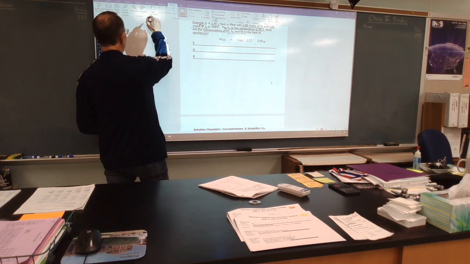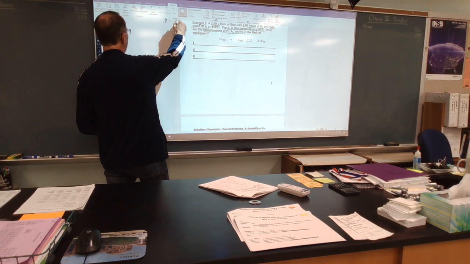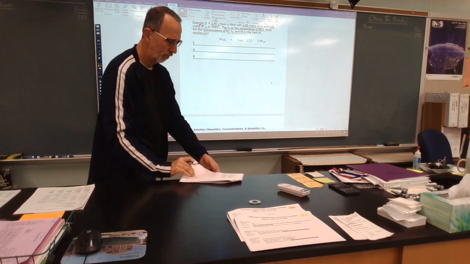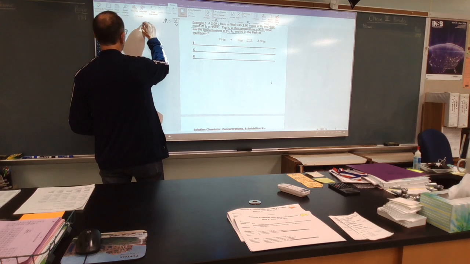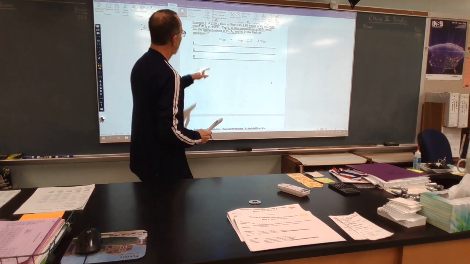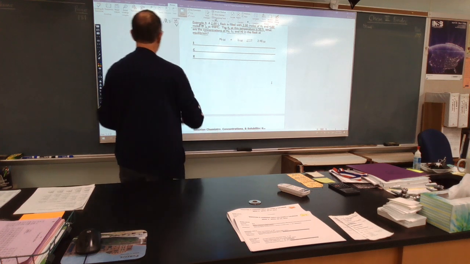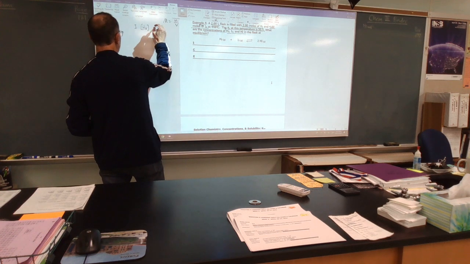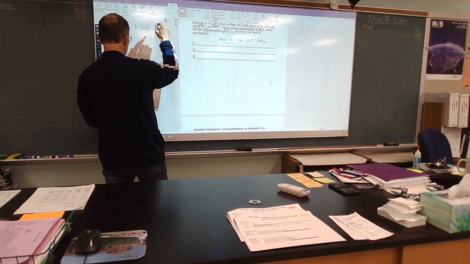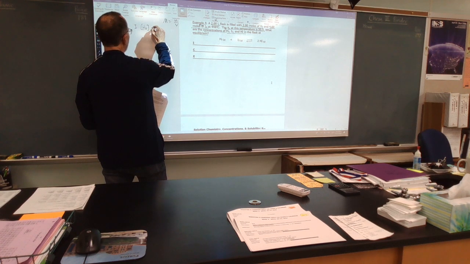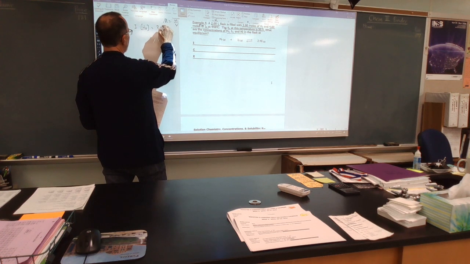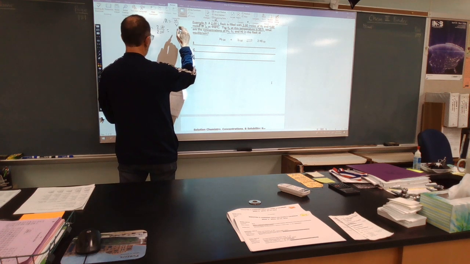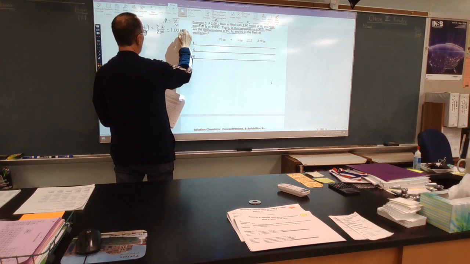So remember real quick that M equals n over V. For hydrogen, initially, our initial hydrogen concentration would be M equals n over V, which is 2.00 moles over 2.00 liters, which is 1.00 molar.